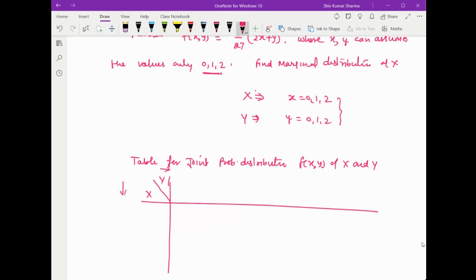So y takes values 0, 1, 2, and x also takes 0, 1, 2.